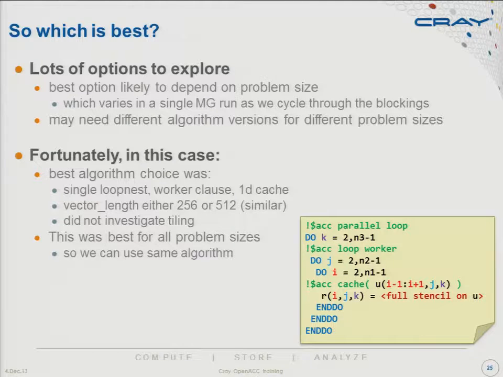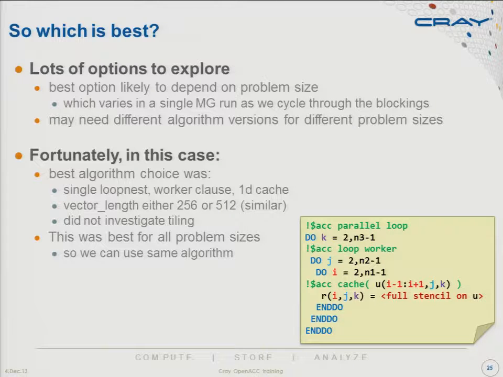The best algorithm choice I could find was a single loop nest. So I get rid of this temporary array and just do it as one big IJK stencil. Use a worker clause for J, and cache in the X direction only, the I direction, and use either 256 or 512 threads.